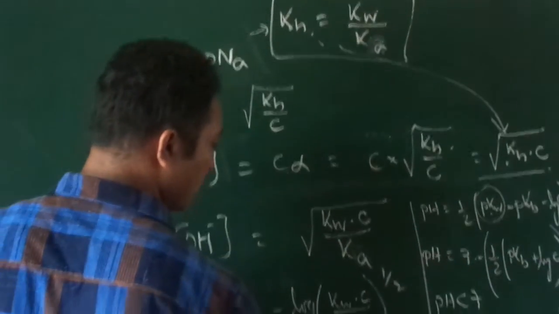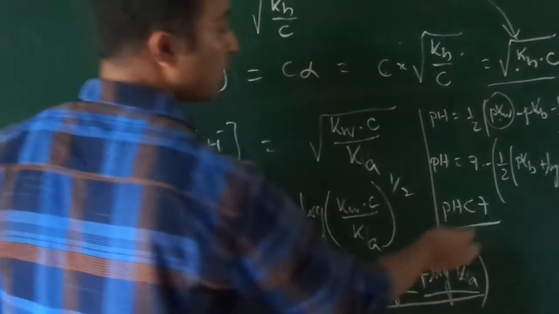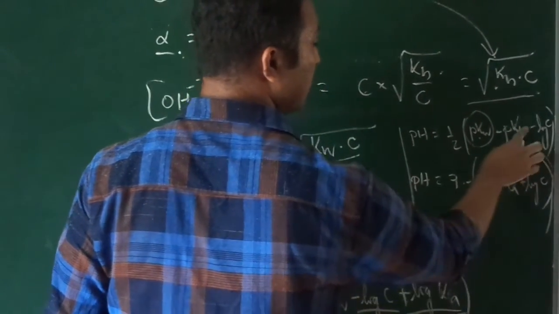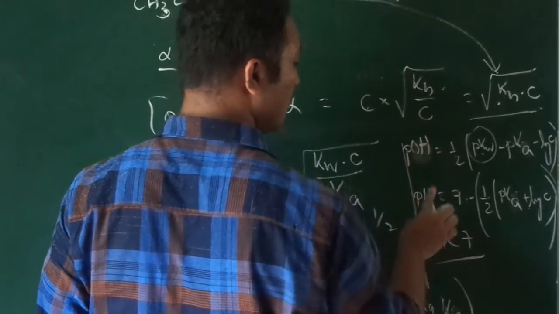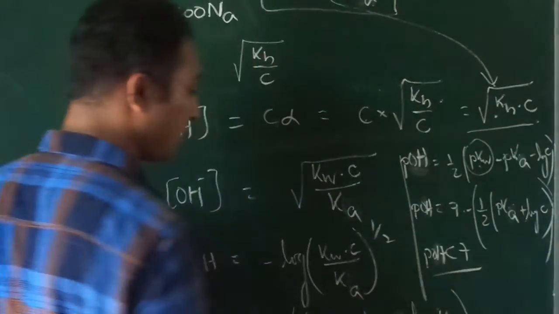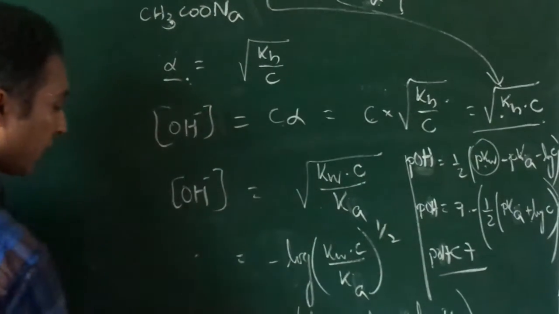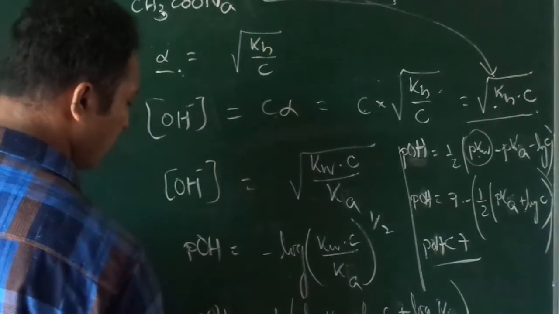Everything is same except for this, and this becomes pOH, right students? And the pH should be greater than 7 because it's a strong base. So here I write pH. So it's very simple to derive, and you can derive it very easily, right?